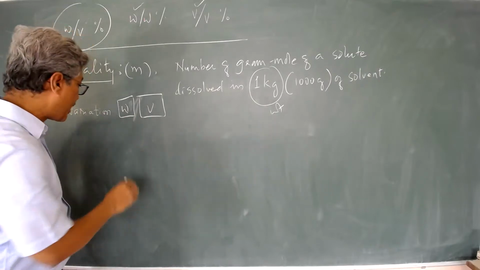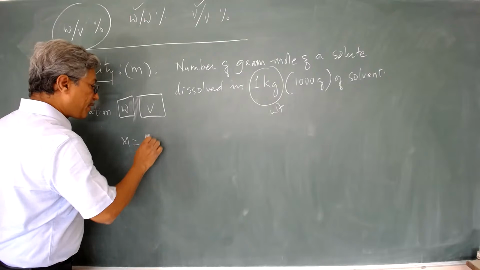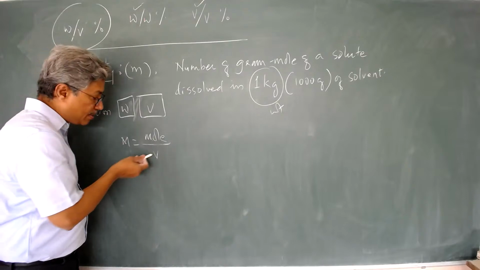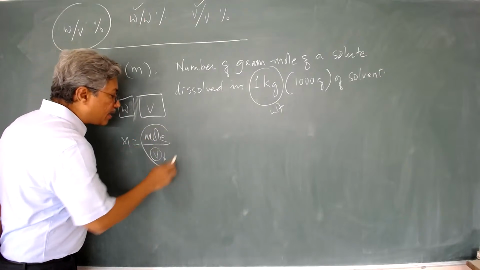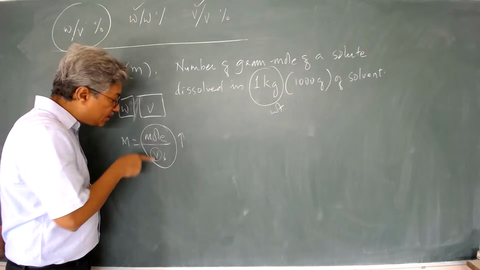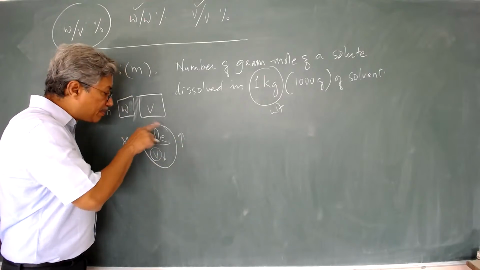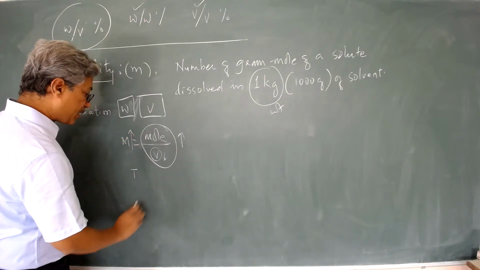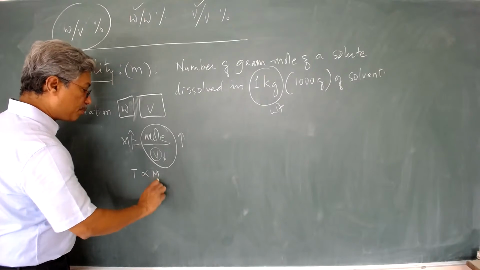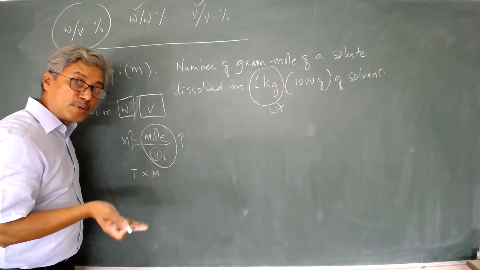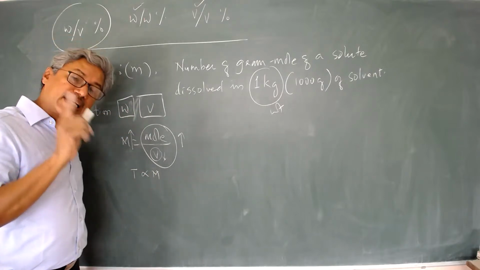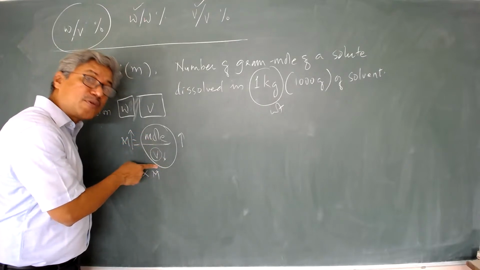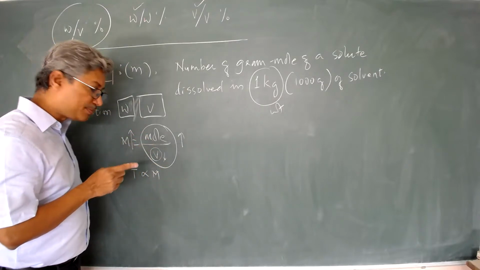Molarity is mole by volume, so if the volume decreases, the ratio will increase because the denominator is decreased. It means molarity will increase. That means temperature is directly proportional to molarity. Molarity will increase not because of an increase in the quantity of the solute, but a decrease in the quantity of the solvent. Is that clear? I repeat.